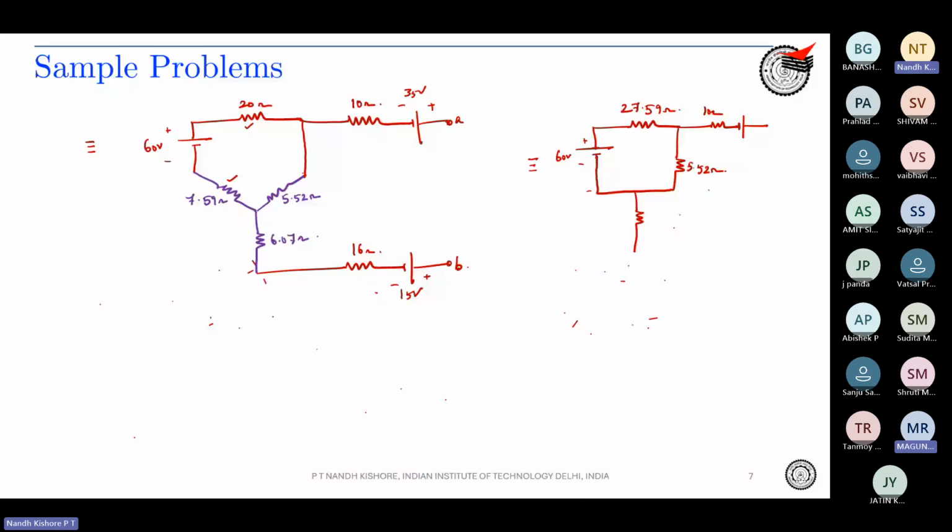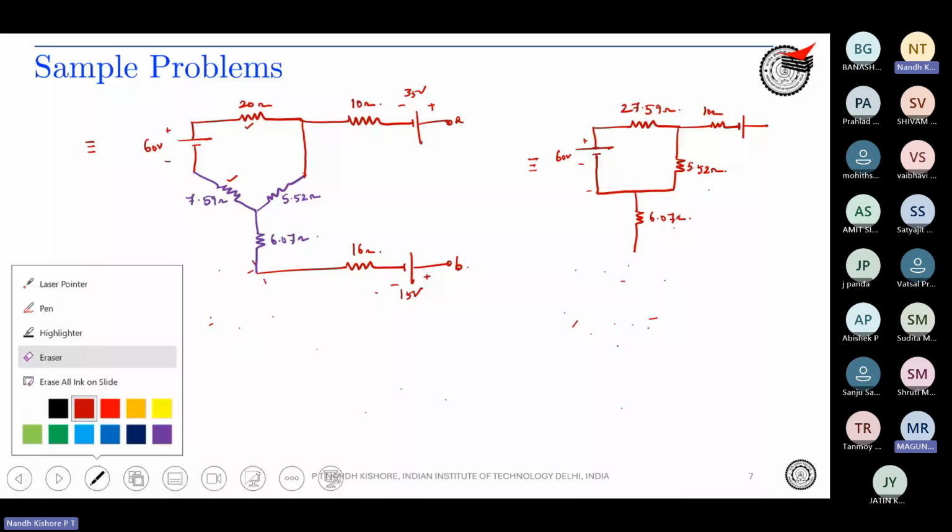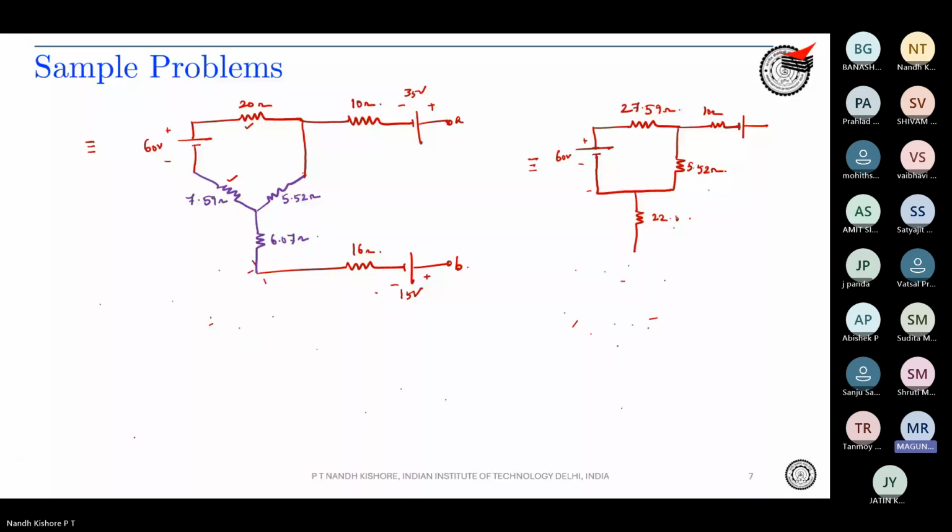So 16 plus 6.07 is going to be 22.07. Okay, so this is the equivalent network.